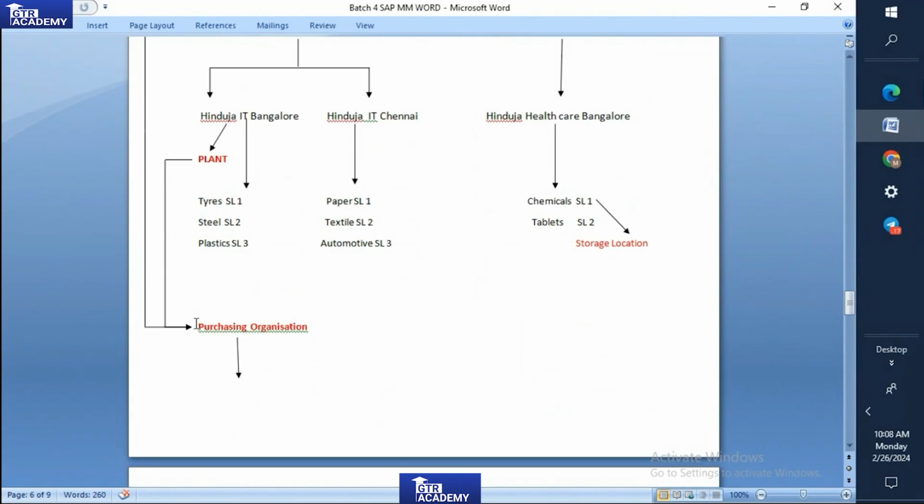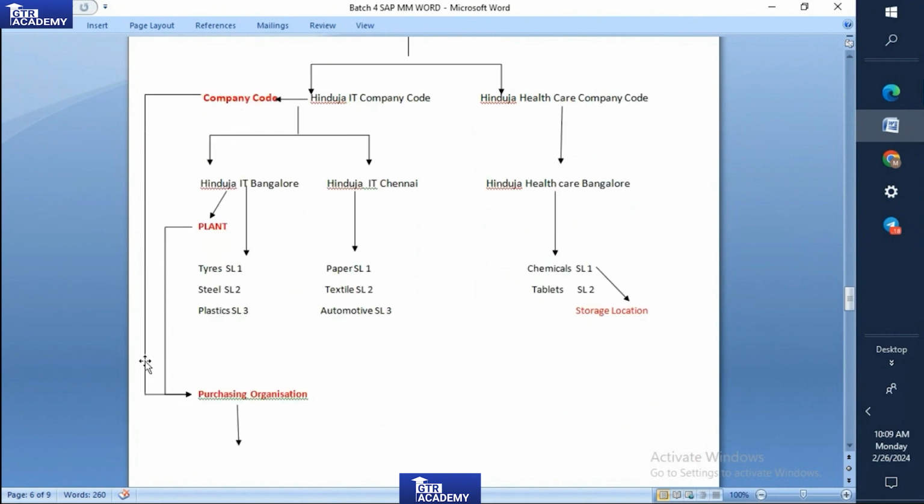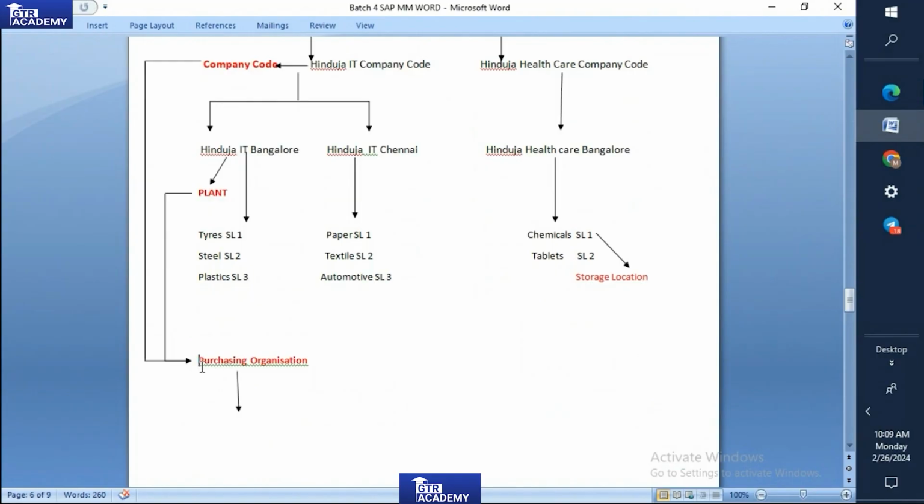Whatever materials are required for the company, this purchase organization will be responsible for that, and it can be maintained under the plant, and under the company code also. It is completely based on the business requirement, and we'll have different types of purchasing organization, which I'll explain in the upcoming one.